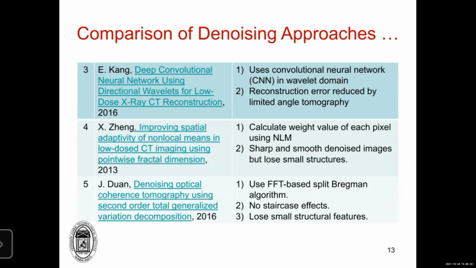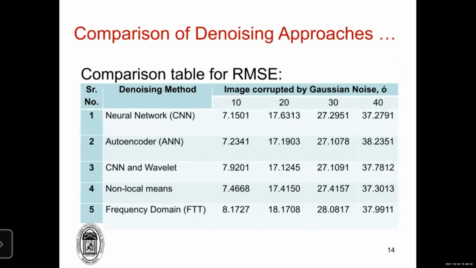structural features. Now, if we compare these based on the root mean square value, the root mean square value should be small. If we compare these for an image corrupted by Gaussian noise with variance of 10, 20, 30, and 40, this value should be minimum. If we compare this chart, for a variance of 10 we have 7.15, 7.23, 7.9, 7.46, and 8.12.